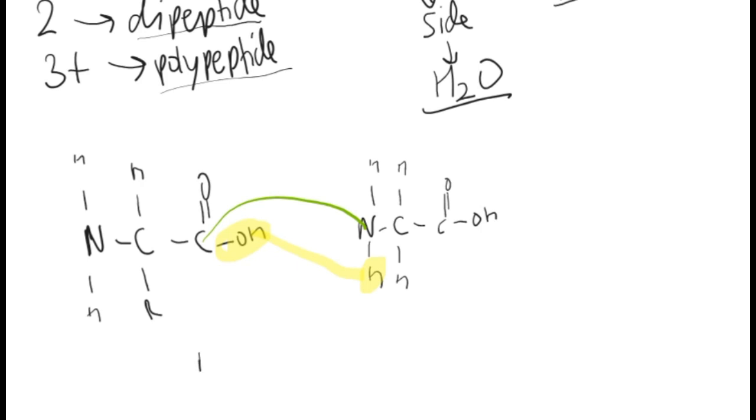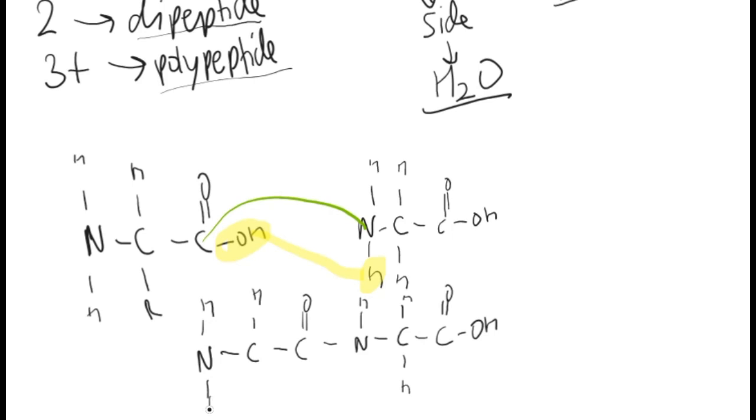So if we draw out the final structure, we find that there's this thing made, and that is what you call the peptide bond.